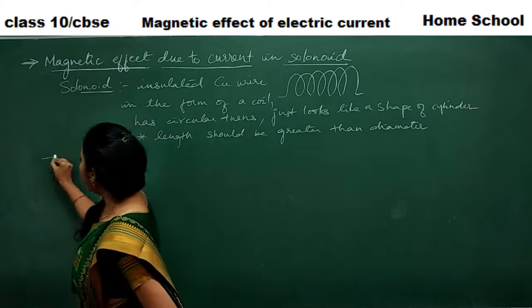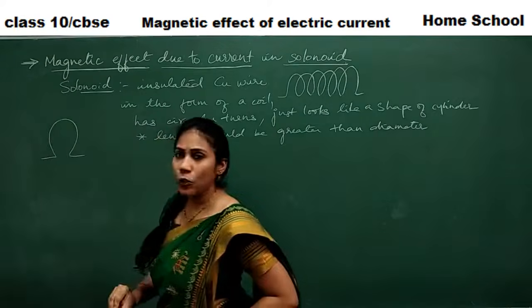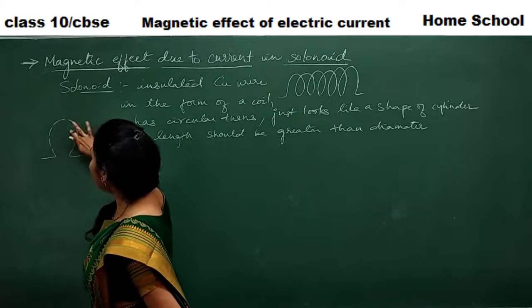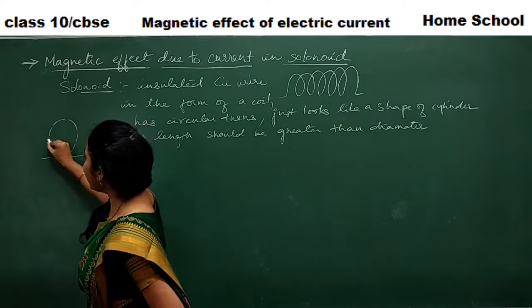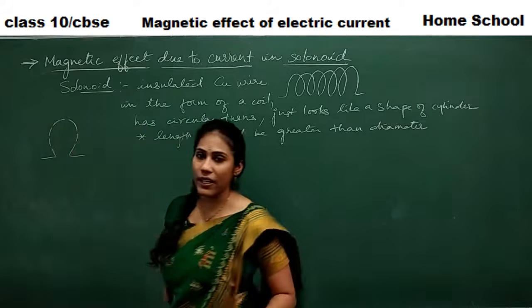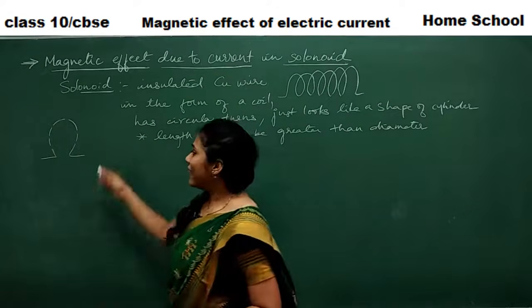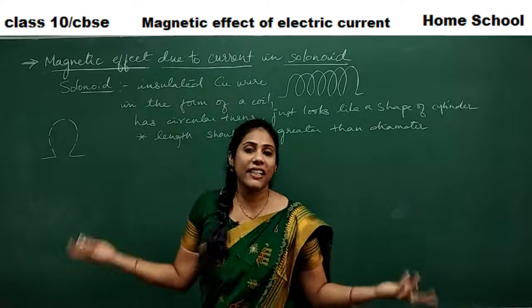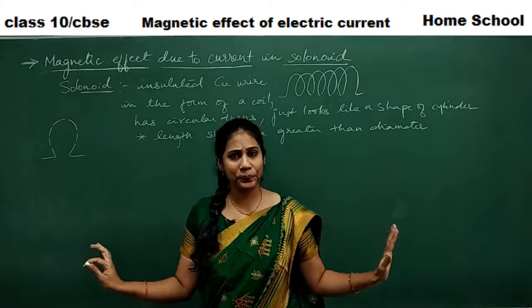When I join many straight lines, I get a circular loop, and with respect to that we studied how magnetic field lines look.